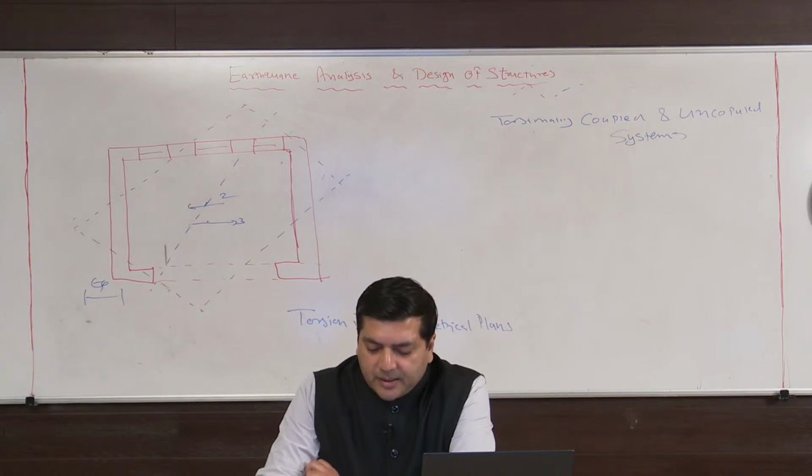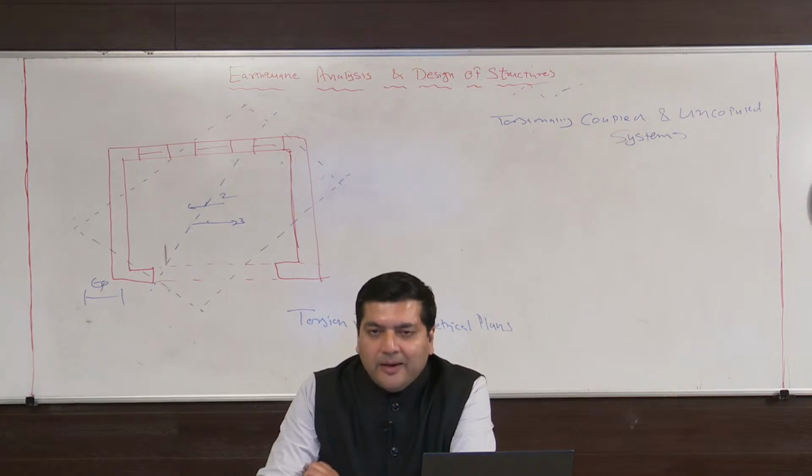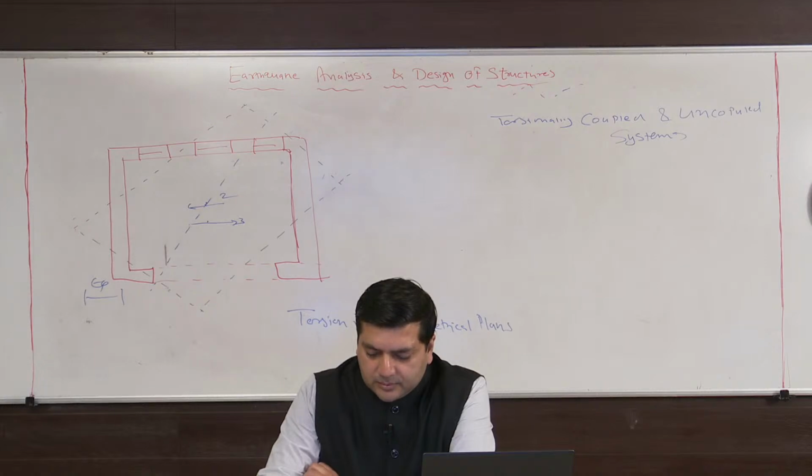Second, B point, accidental causes like uncertain live load distribution, comma, eccentricity between assumed and actual stiffness and mass.